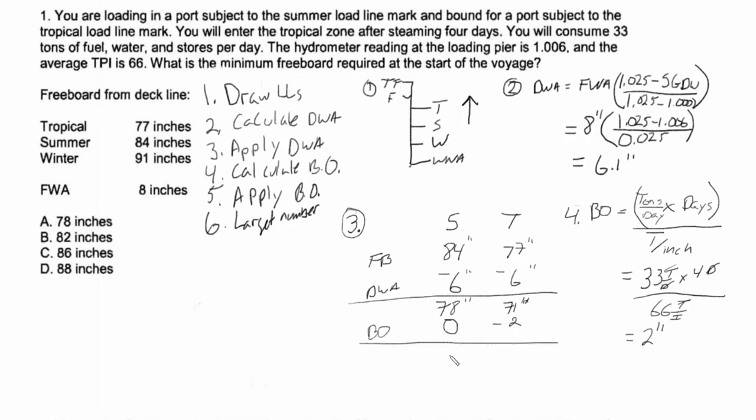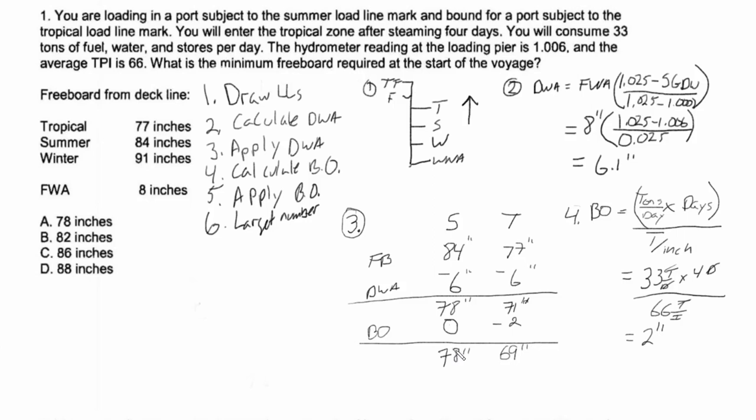And now I have 78 inches of freeboard required for the summer zone, and I have 69 inches required when I get to the tropical.